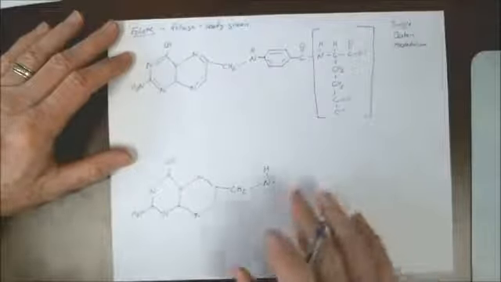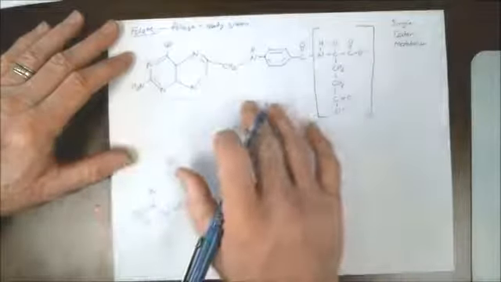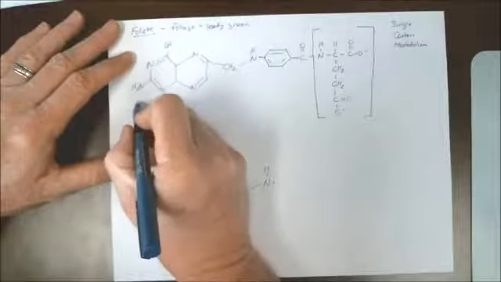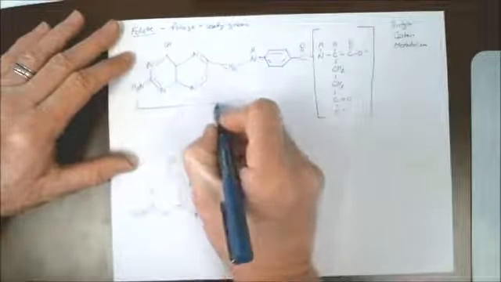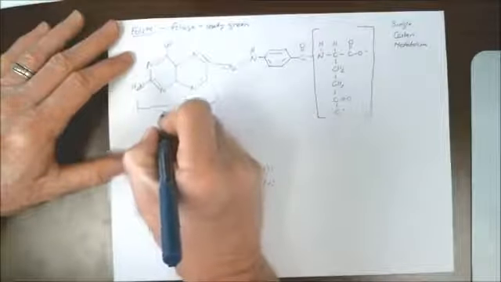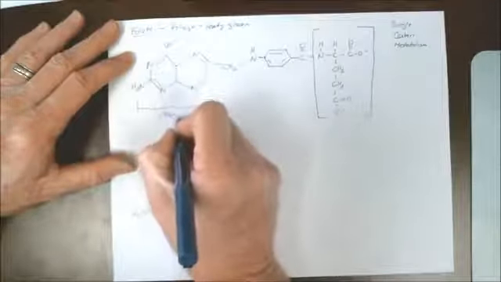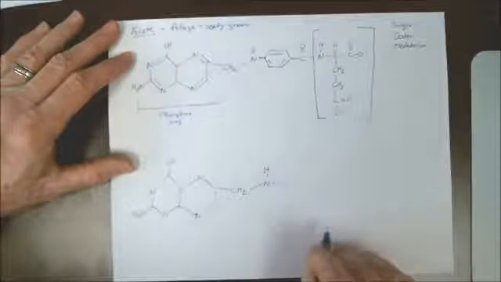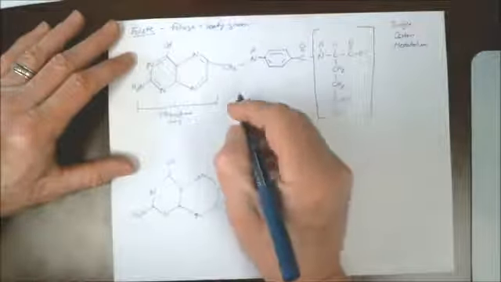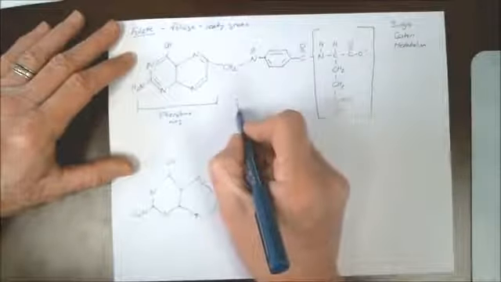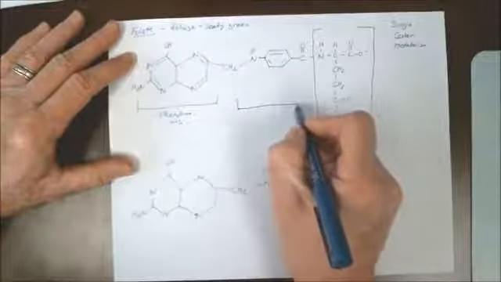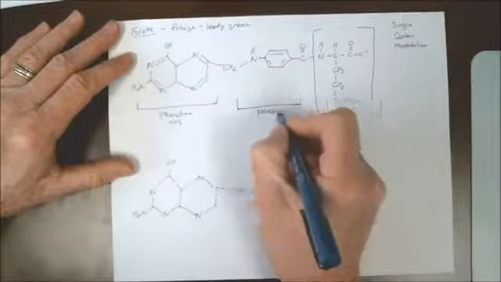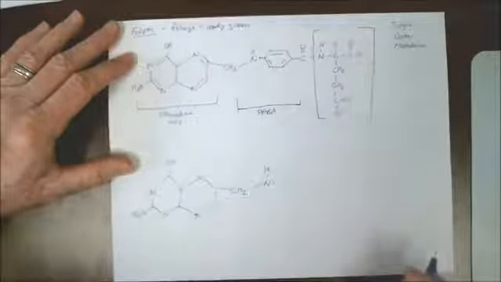So folate comes in this form, and you'll notice that there is what's called a pteridine ring structure. The pteridine ring is on the left-hand side, and then you'll notice that this structure here is called PABA, for para-amino benzoic acid.